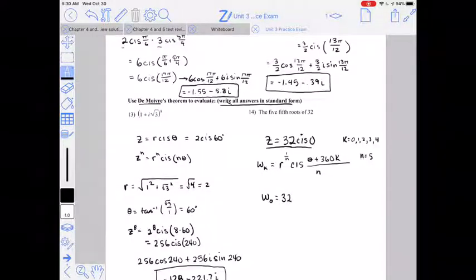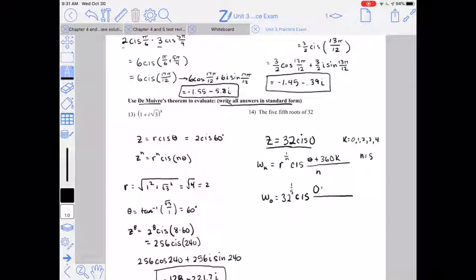So this is going to be 32 to the 1/5, and we're going to have 0 plus 360 times 0, over 5. And then CIS. And now we need to figure out the angle.